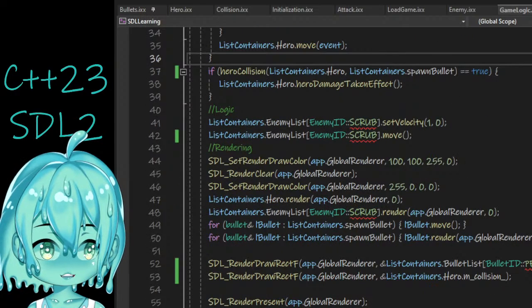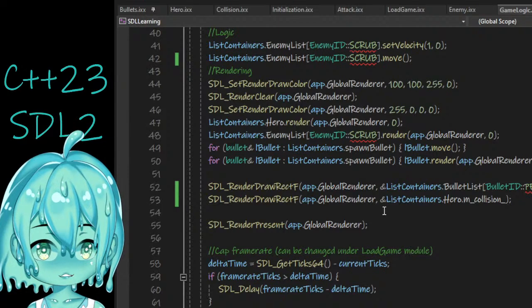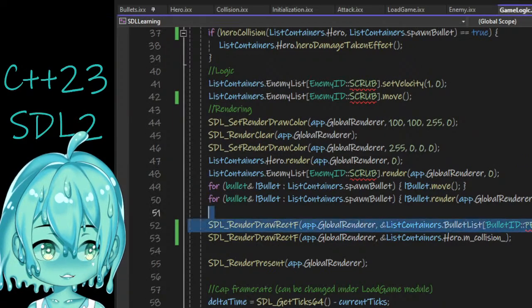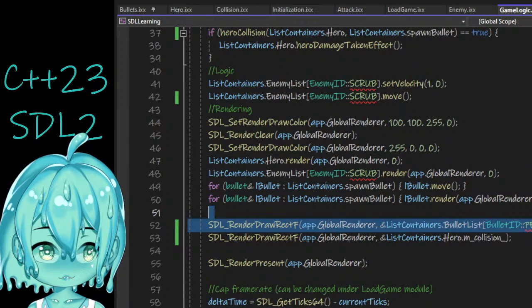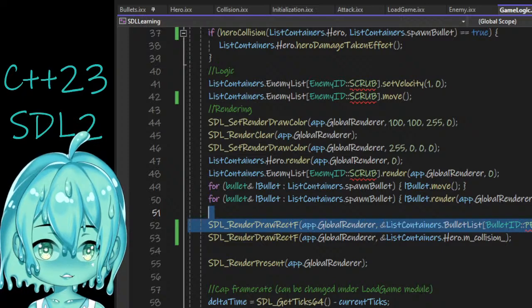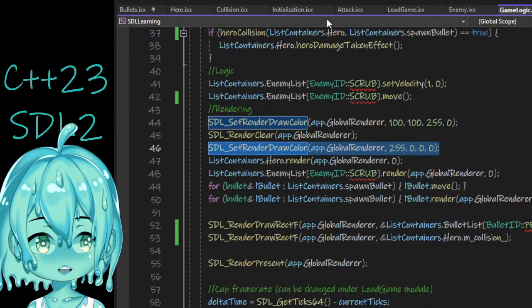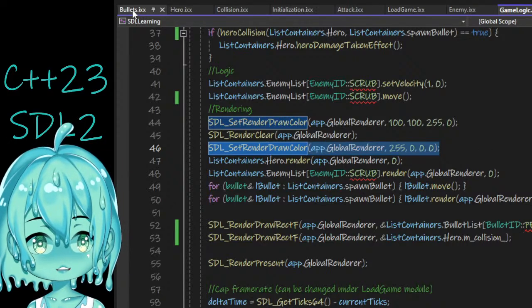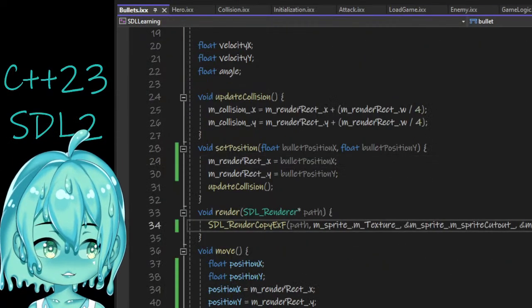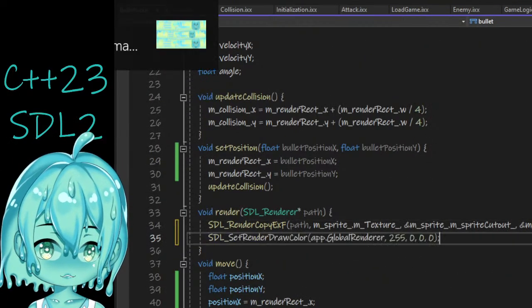So you're right. Instead of checking the draw rects here, we're gonna copy, okay, hold on. Set render draw color 255. Let's copy that. Put it in bullets under our render.